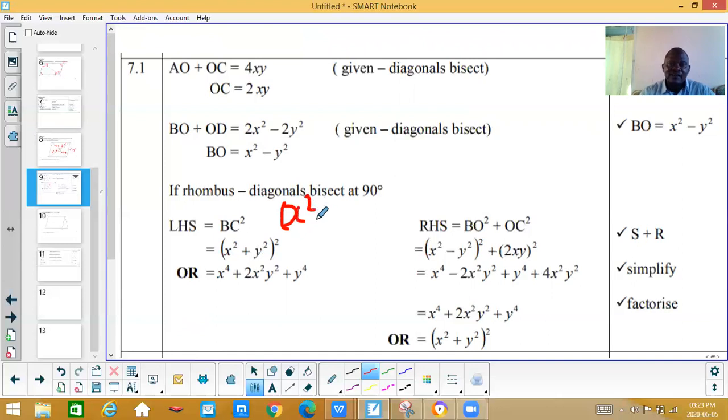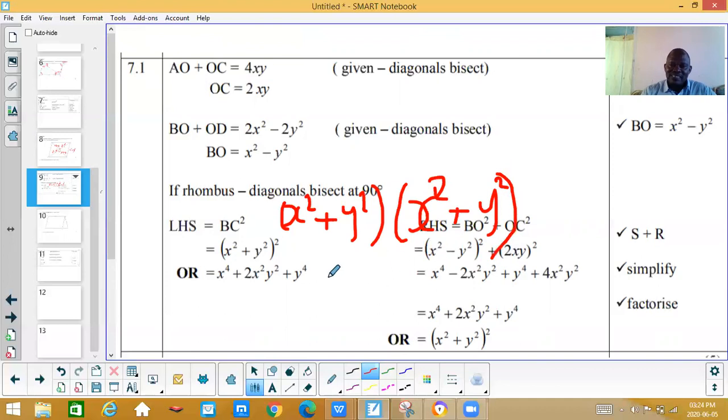This is what is meant by x squared plus y squared all squared: you are writing this one repeating twice.